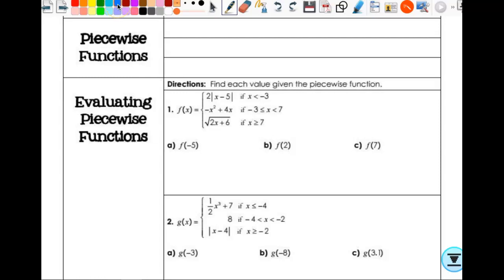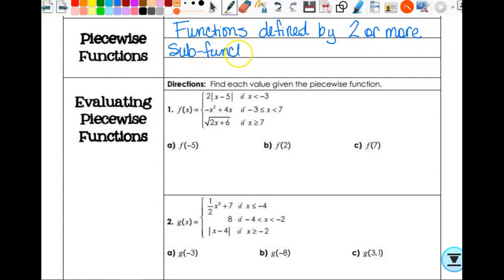All right, so let's talk about what piecewise functions are. They are functions defined by two or more subfunctions, each with their own domain.